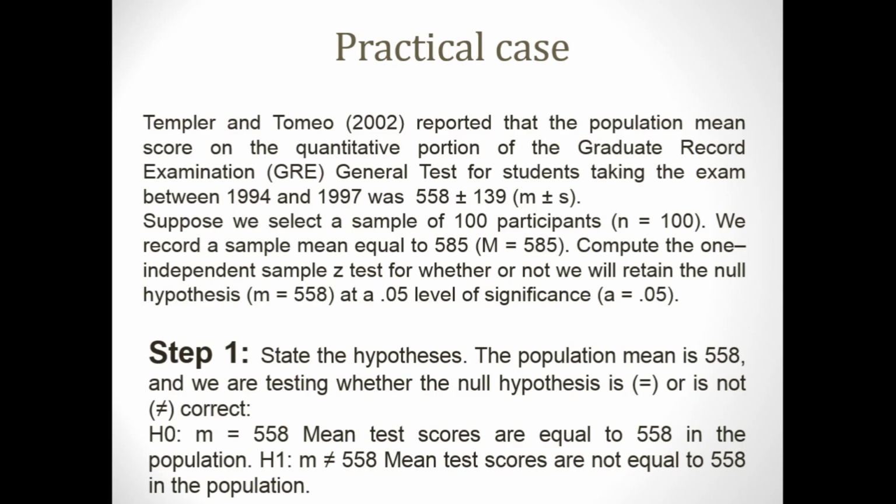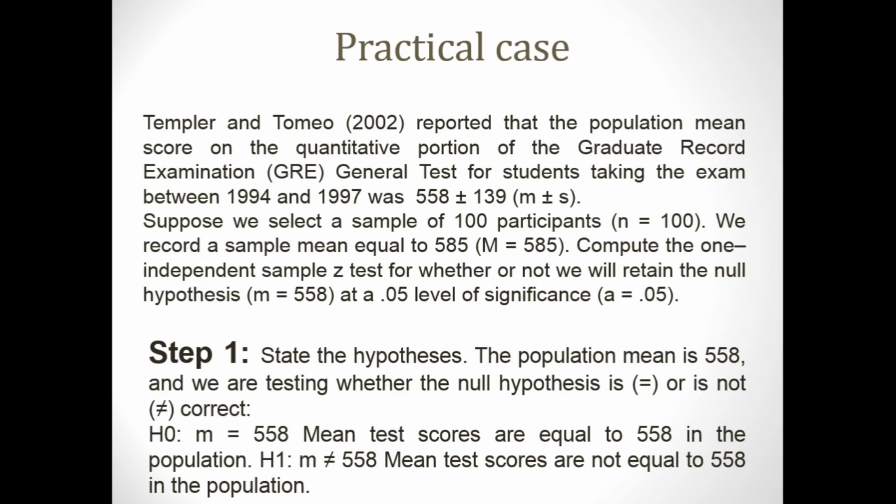So step one, as we showed you earlier, is that we need to state the hypothesis. So the population mean is 558, and we are testing whether the mean is equal or not equal.